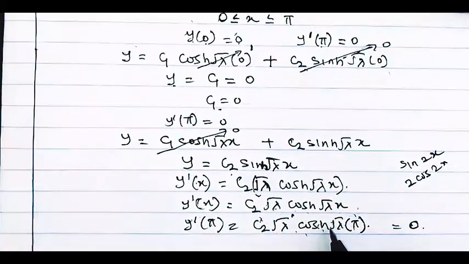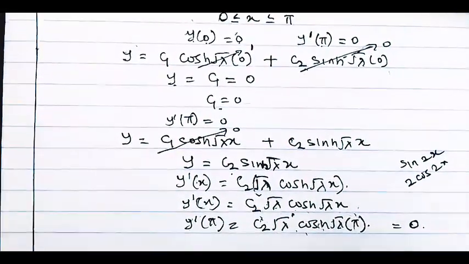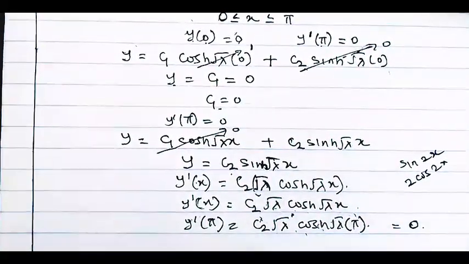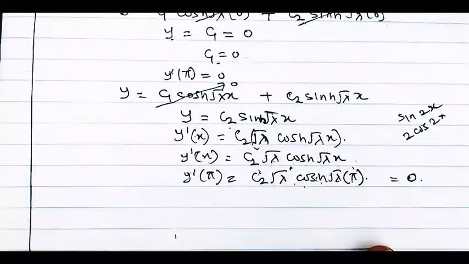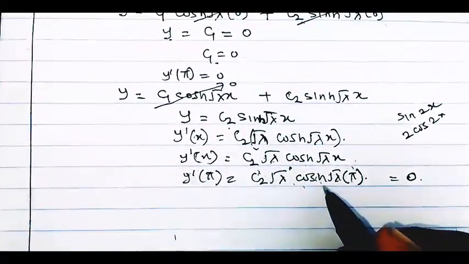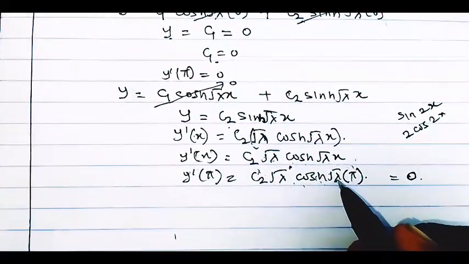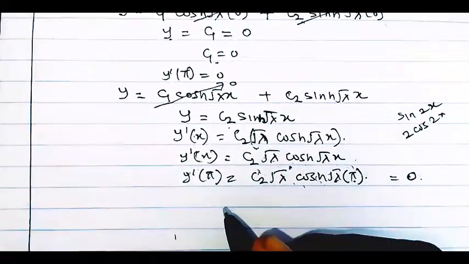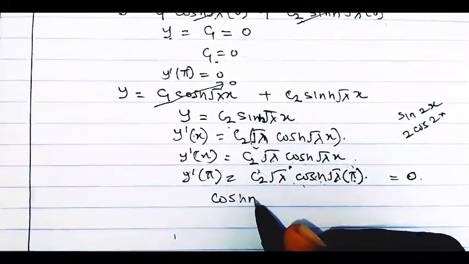Now we have cosh root lambda pi. So now let me represent cosh as its function of series. Taking root lambda times pi to be m, this is cosh m, right?